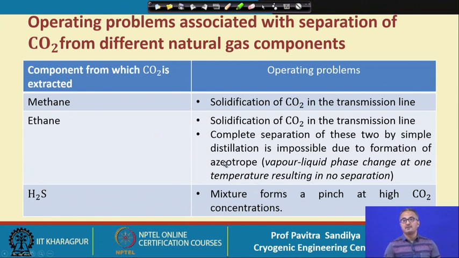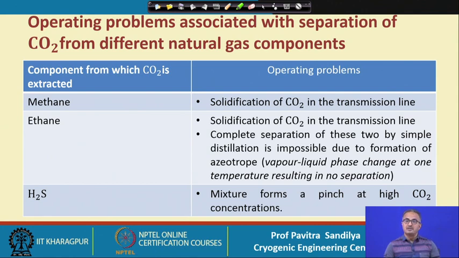Vapor liquid phase change we have learnt earlier, that when we have a mixture of components, then generally this vapor liquid phase change, that is either evaporation or condensation, takes place over a range of temperature, that is between the dew point temperature and the bubble point temperature, and within these temperatures we get some separation.